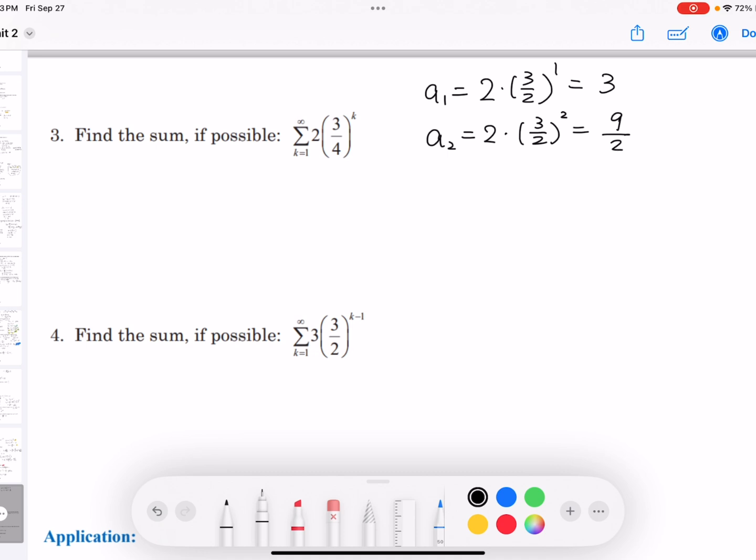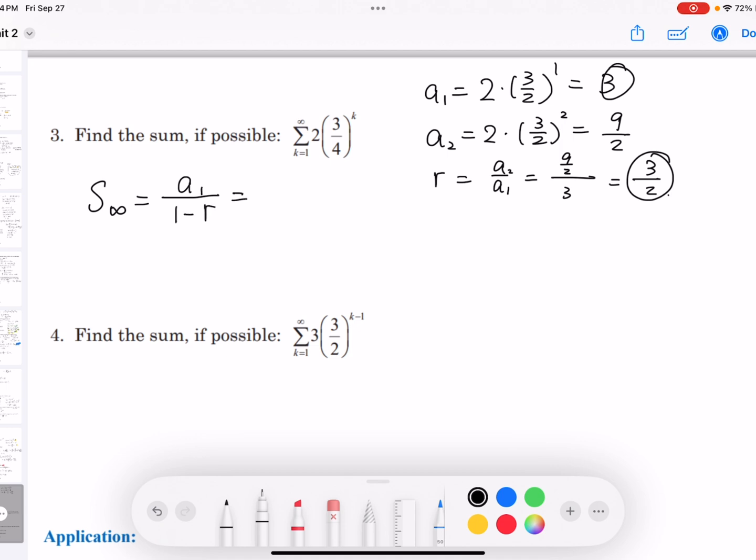And r is equal to a sub 2 over a sub 1, which is 9 over 2 divided by 3, equal to 3 over 2. Okay, we found r, we have a sub 1. Can you find S sub infinity by using the formula a sub 1 over 1 minus r?